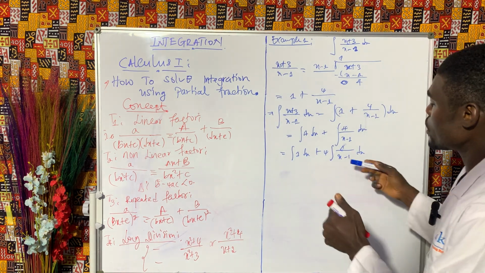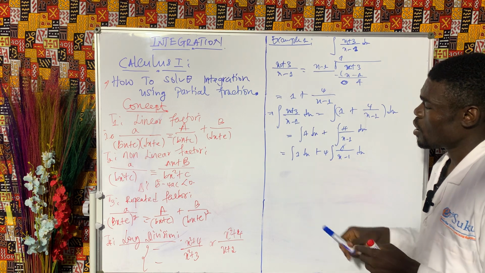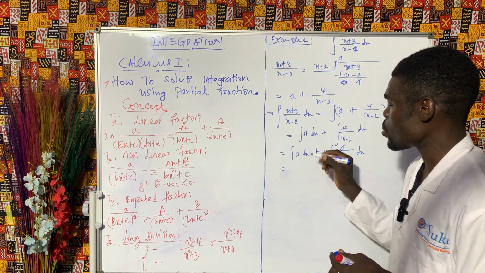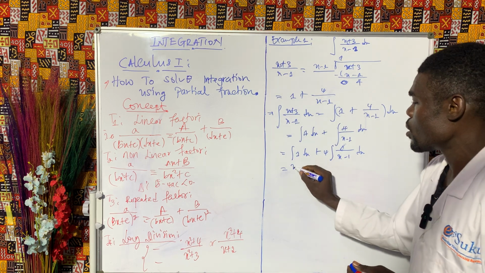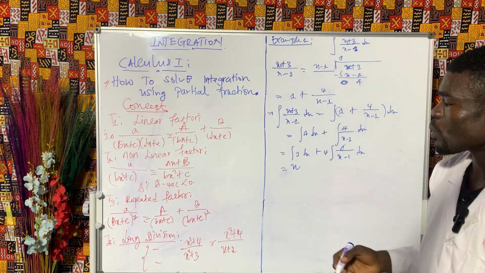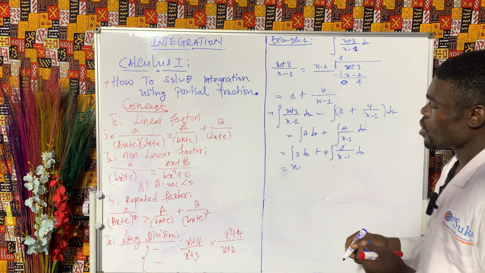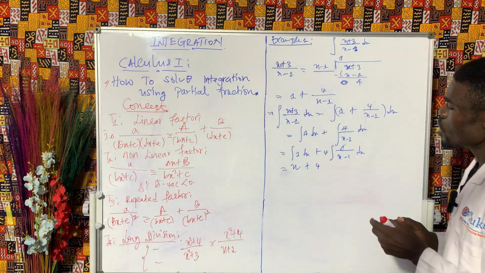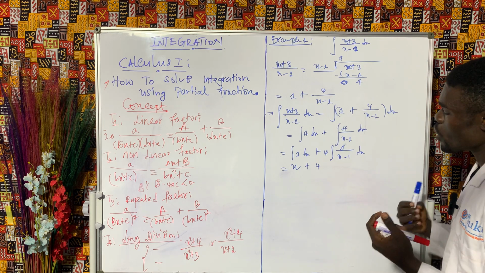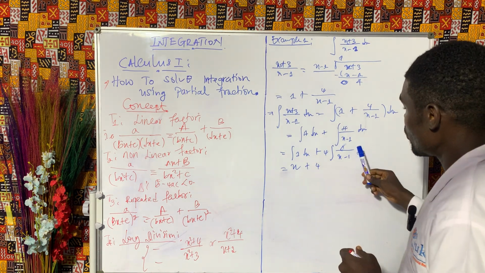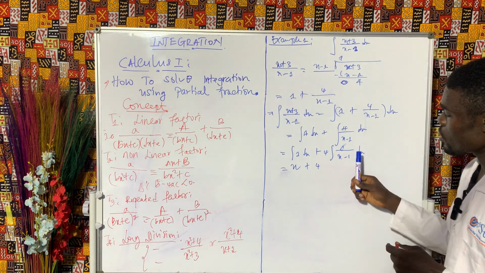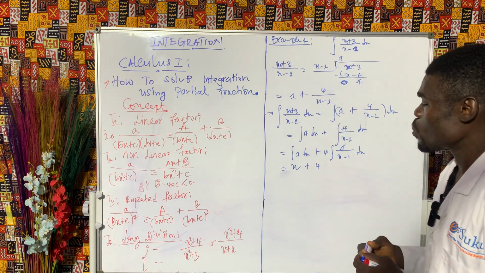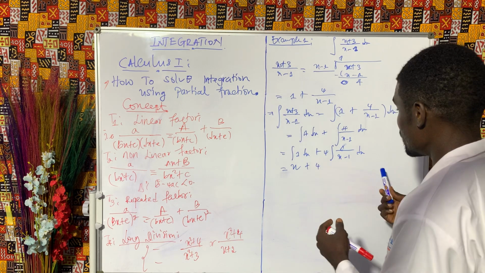Integrating the two terms now, the first one is a constant, so integrating 1 with respect to x is x, using the first concept of integration. Then plus integrating the second term, we use the recognition rule, which says that if the numerator is the exact derivative of the denominator, our expression is the ln of the denominator.